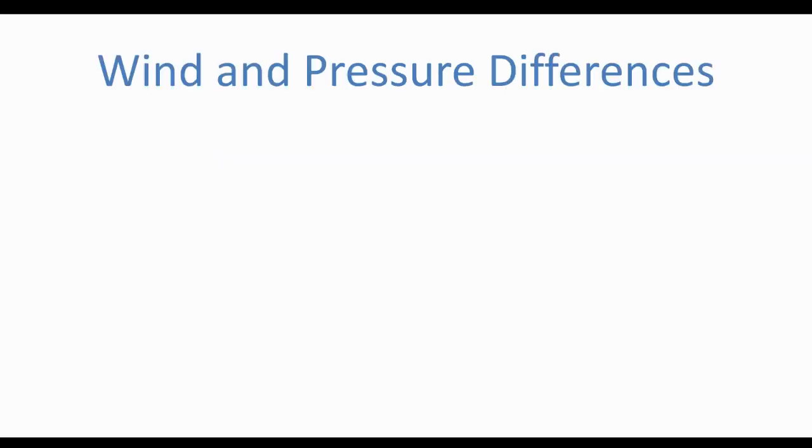Wind and pressure differences. So we experience wind due to the pressure differences. So in the little scenario I gave you, wind occurs because there's a pressure difference between the inside air and the outside air. How does the air move, you may ask, to create the wind?